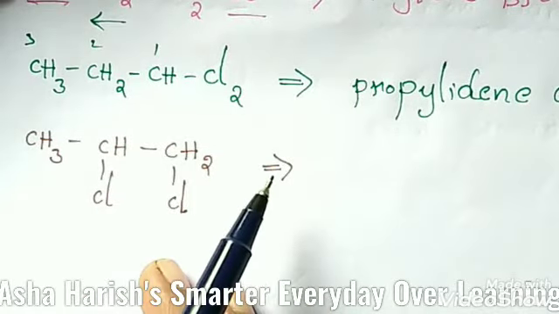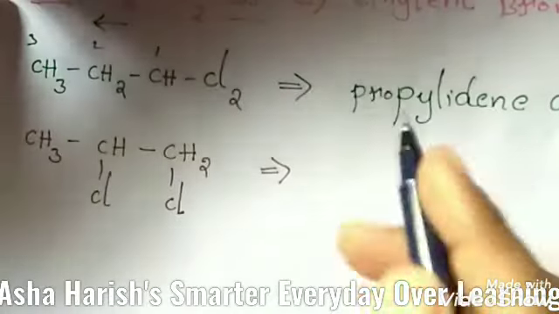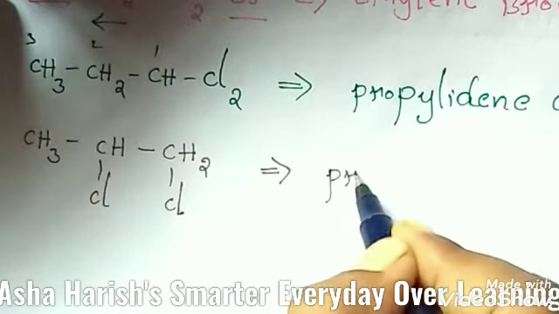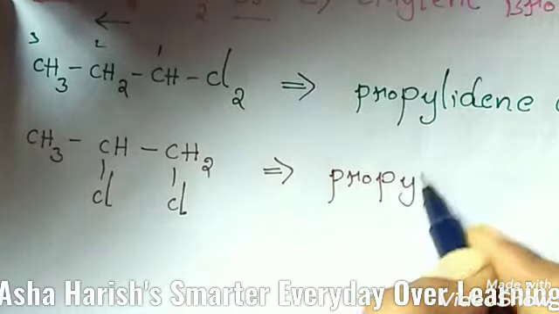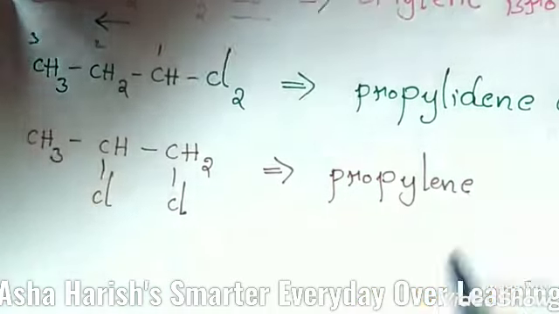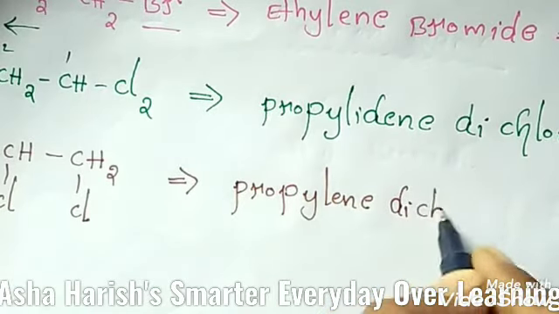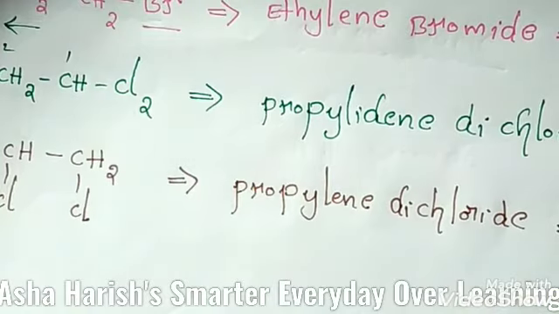Okay, like this only. So you can apply that alkylene dihalides for this. Then the name of this is three carbon atoms, so that the root word should be prop, and basing upon that definition, propylene. And how many chlorides are present here? Then that is dichloride. Okay students, and this is the common name for this.